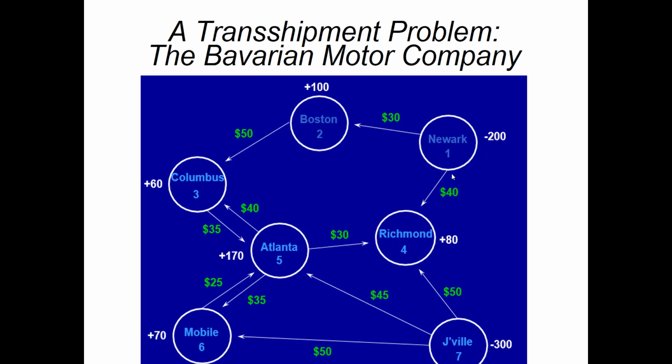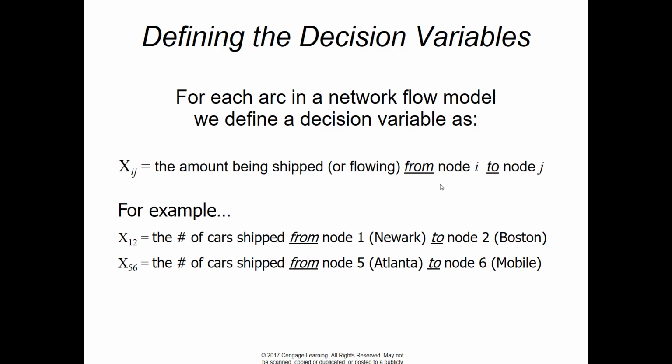In the equation we have to write... so let's first talk about the decision variables. The decision variables are the arcs that we have. Basically xij is the number shipped from node i to node j.